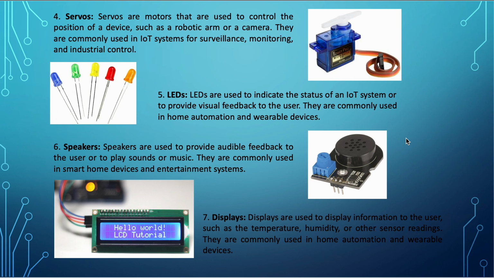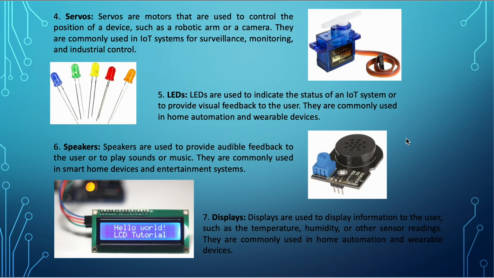Another actuator that is mainly being used, or the visual output that is mainly being used, is displays. Displays are used to display information to the user, such as temperature, humidity, or other sensor readings. They are commonly used in home automation and wearable devices.